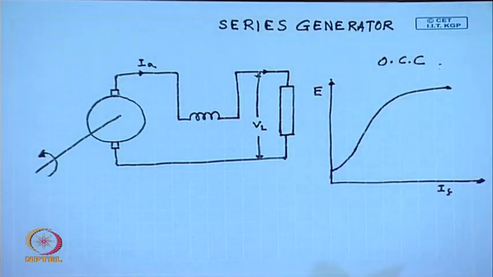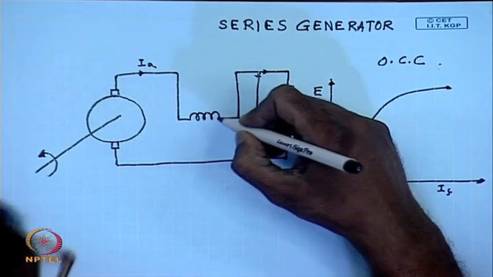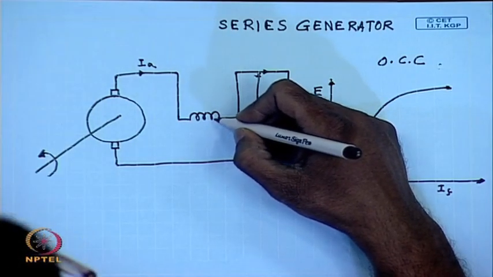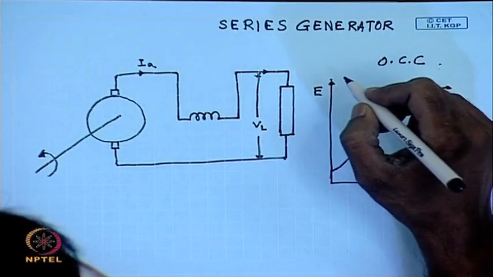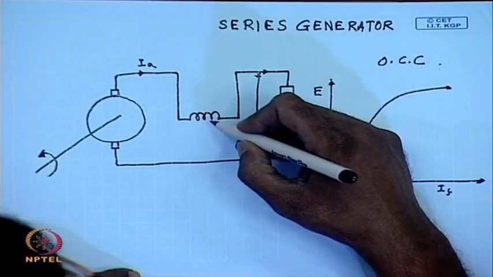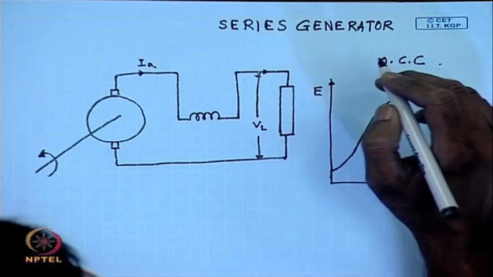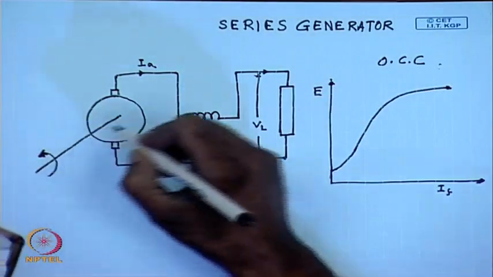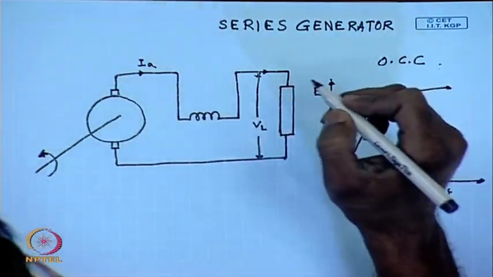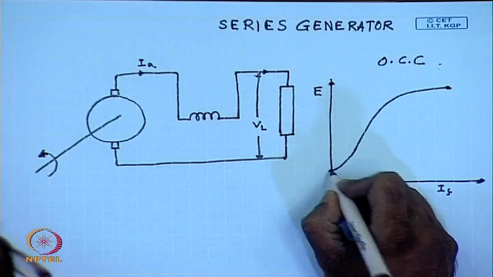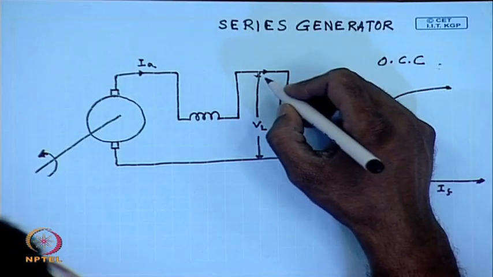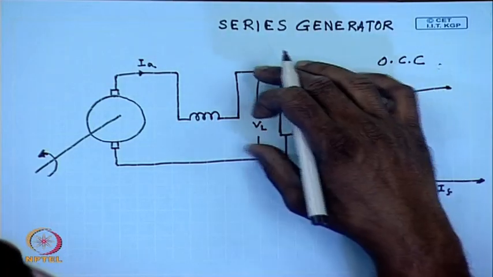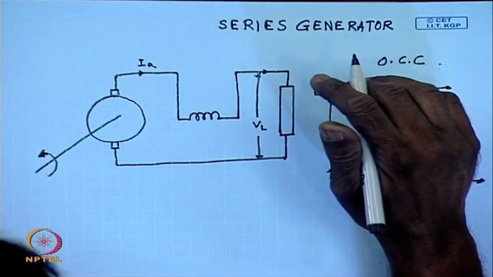For this generator, when the field winding is connected in series with the armature and the load is kept open, if the machine is rotated at a constant speed, then initially only the voltage due to the residual flux will appear at the terminal.